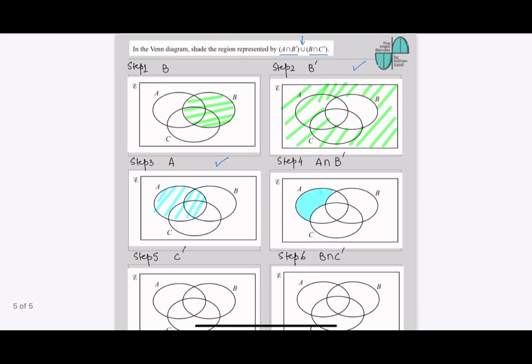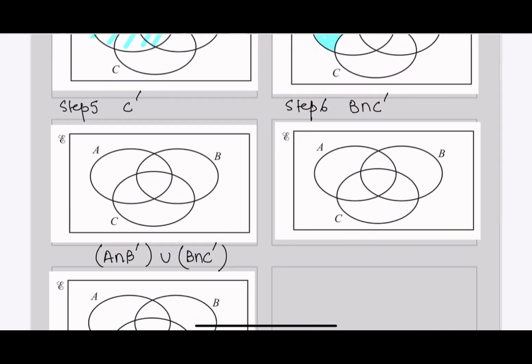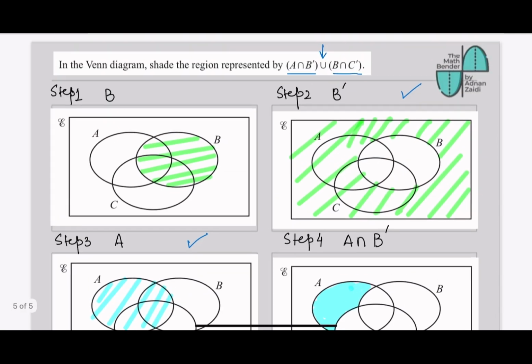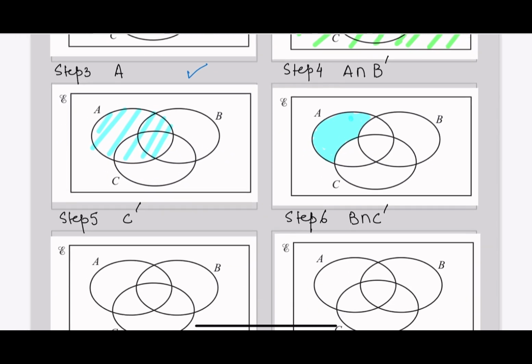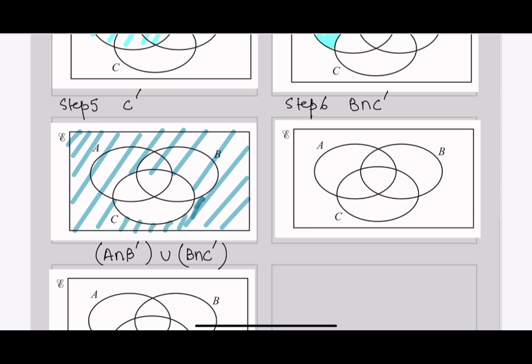For B intersection C complement, I'll straight away shade C complement because I already gave you a clear picture of what B and B complement look like. So going straight for C complement, except C everything. Then B intersection C complement, which means shading B now. So this whole thing is B. And now let's use another ink and shade here on the 5th step.